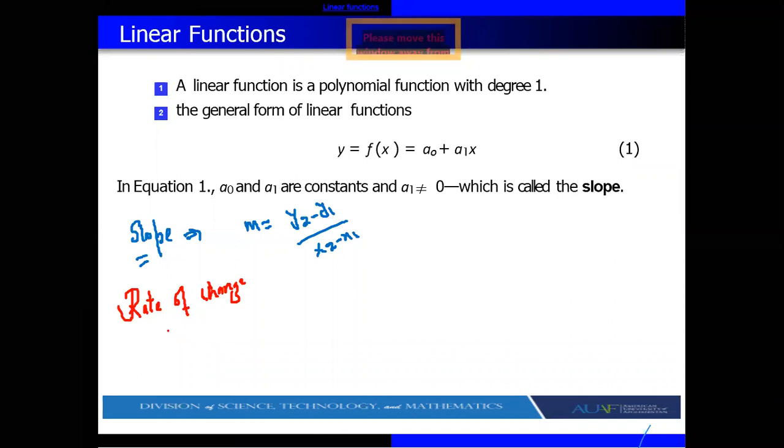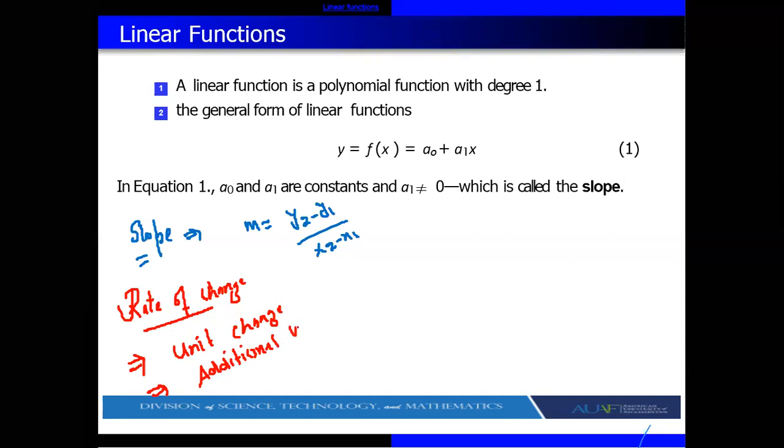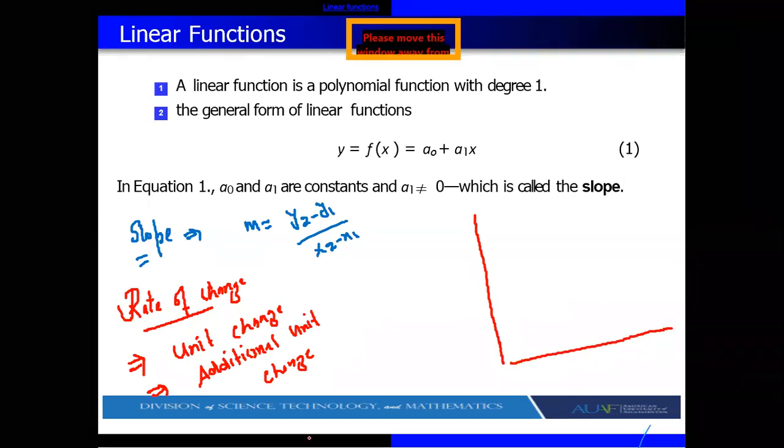If we have two variables, one is the function and one is x, the rate of change, that is the slope, shows the effect of a unit change, or we can say the additional unit change. I think we discussed these things, but let me show the additional change, or unit change, from the graph.